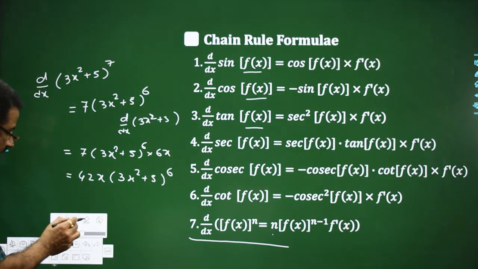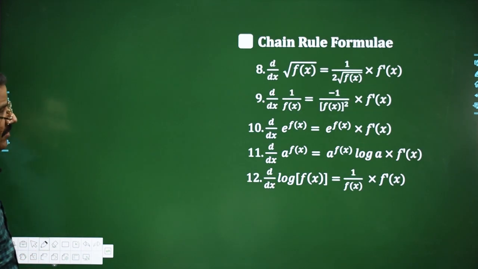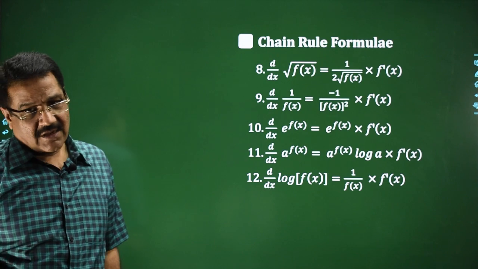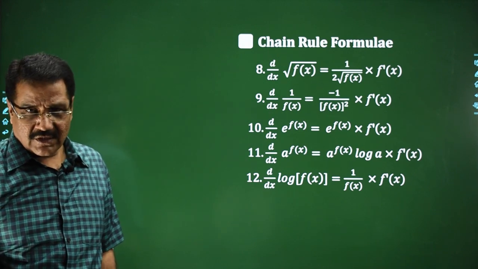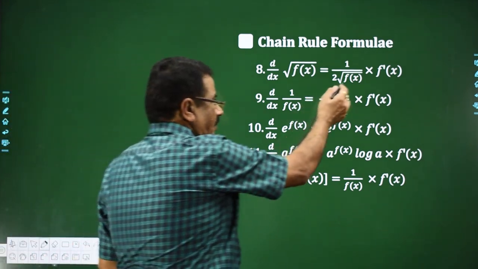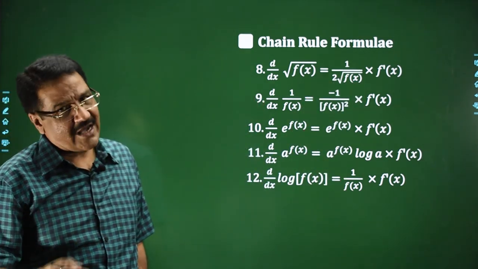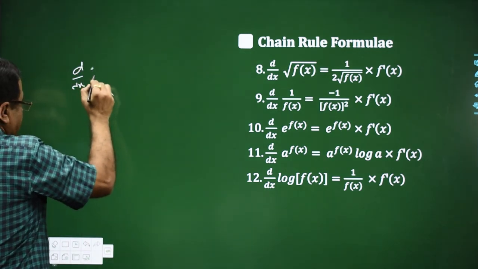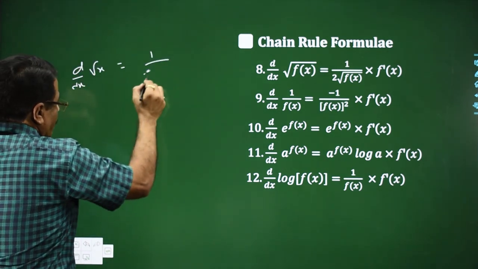Okay. Now, let us see certain more formulas, that is d by dx of root of f(x). Again the basic formula is used. We must know the derivative of root x is 1 upon 2 root x. Instead of x we are using f(x). Whenever it is d by dx of root x, the formula is 1 upon 2 root x.